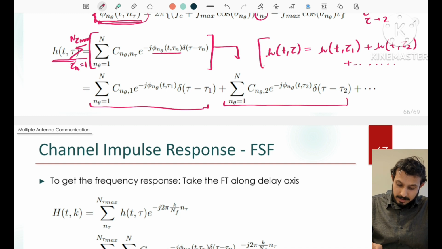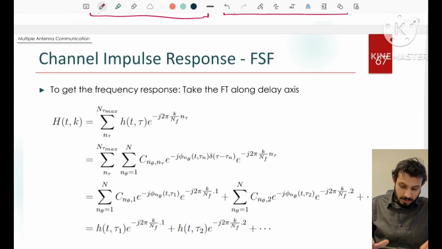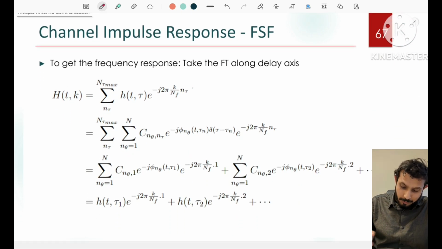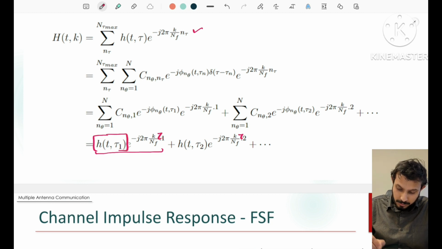Now to get the frequency response of this expression, we need to take the Fourier transform of this expression. When we compute the Fourier transform, what we end up with is the Fourier transform of h(t, tau 1), this is tau 1 and this is tau 2, and the Fourier transform of h(t, tau 2).